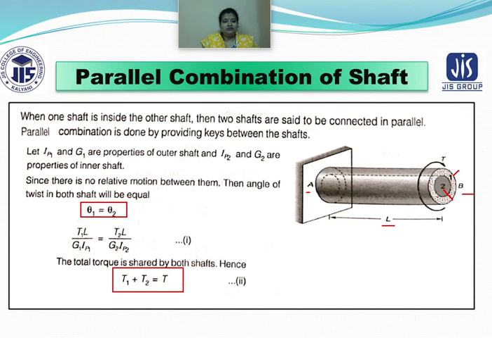And in case of angle of twist for the parallel combination, theta 1 is equal to theta 2. But in case of series, the angle of twist for the entire shaft AC is equal to theta 1 plus theta 2. This is the basic difference between series and parallel combinations of shaft. You have to be very thorough with this portion.